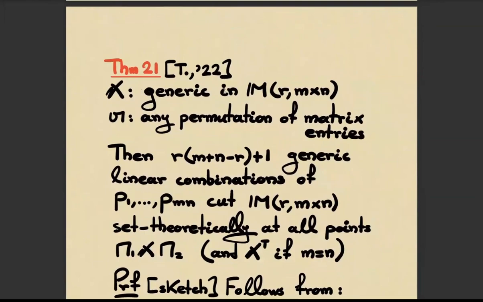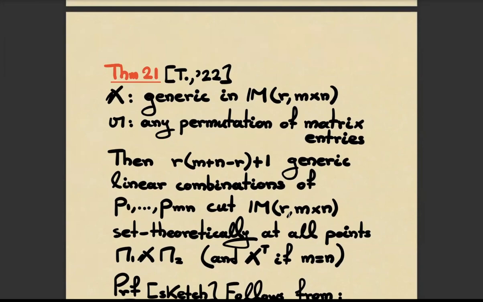Suppose that X is generic as before. Pi is any permutation of the matrix entries. Then, if I take dimension-many plus 1 generic linear combinations of those power sum polynomials, they will cut, set theoretically, the determinantal variety at X and all its innocent permutations.